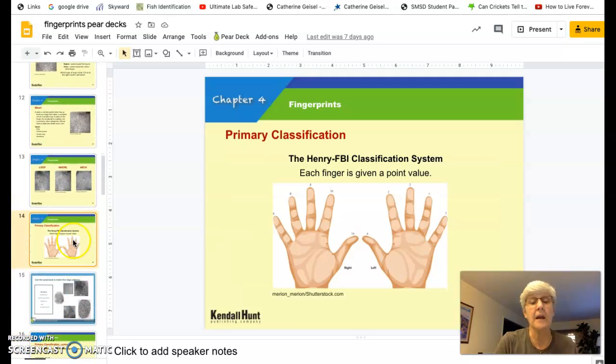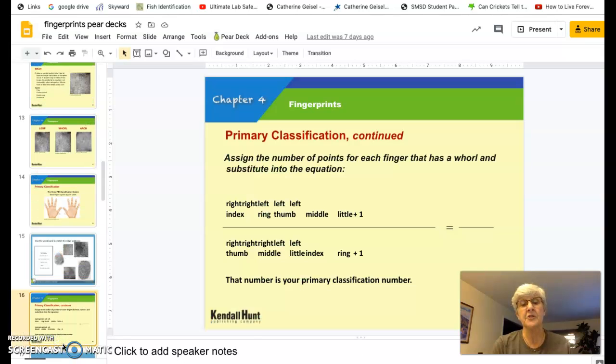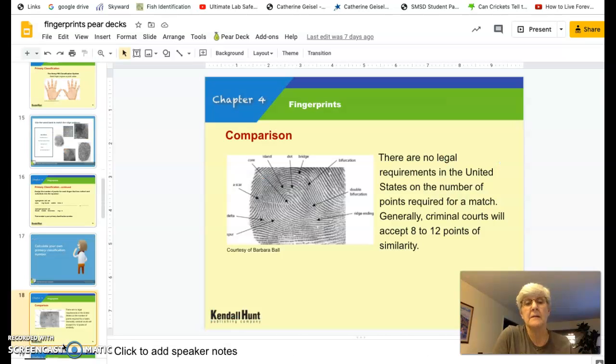Okay, sorry about that. The FBI has a classification system where each number is given a point value. I'm not going to expect you to know how to calculate that, so we're not going to worry about that. We talked about one of the issues being that there is no real legal requirement in the United States as to the number of points necessary for a match.